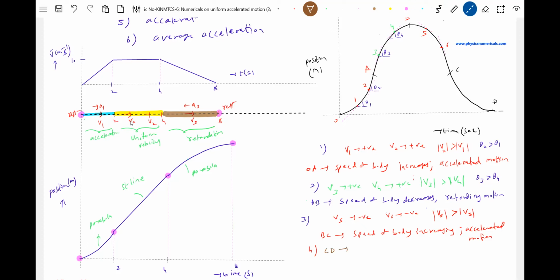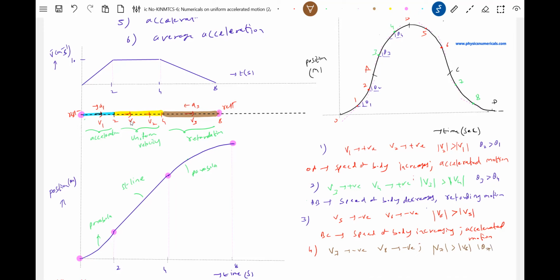Again, we'll draw a tangent. This will be 7, this will be 8. So the slope at 7 is more than that at 8, no? For CD, we can write V7 is negative, V8 is negative, and V7 is greater than V8.